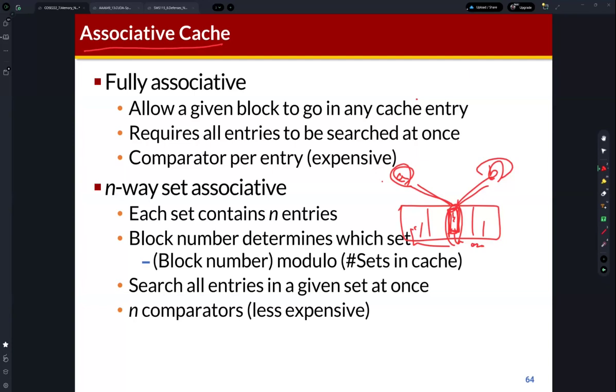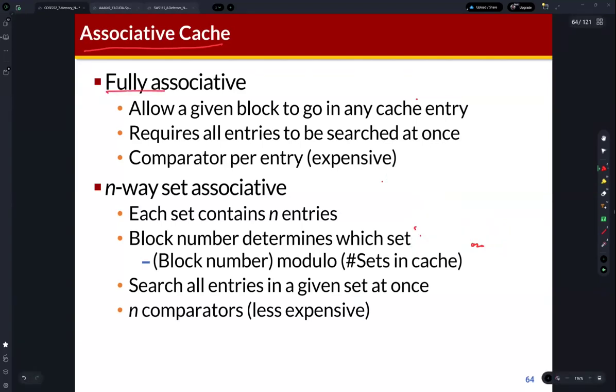So if we can allocate the data to any block or any entry of the cache, then we can avoid this problem, right? This cache is called the fully associative cache. So we are learning about different mapping policies.